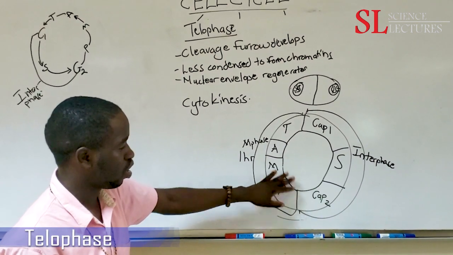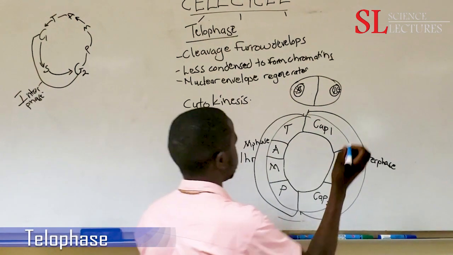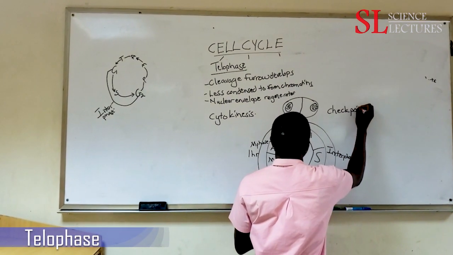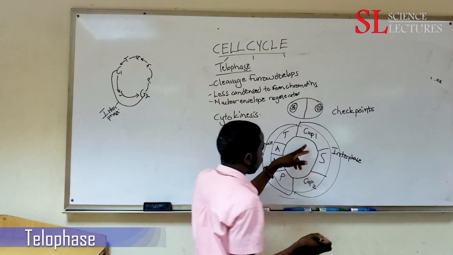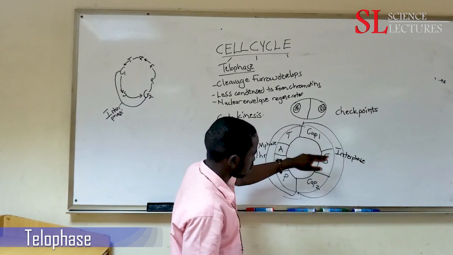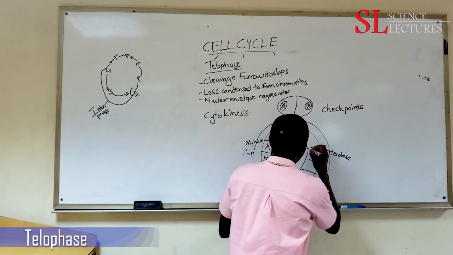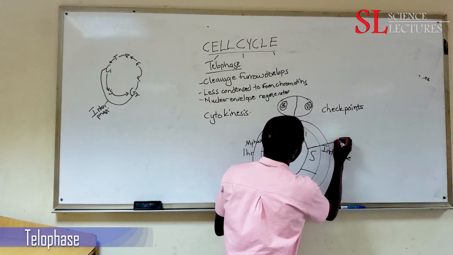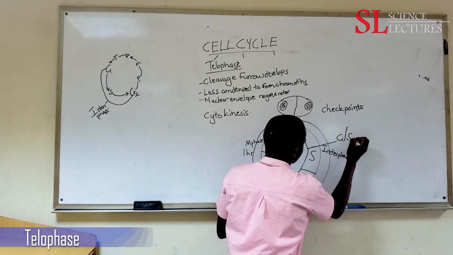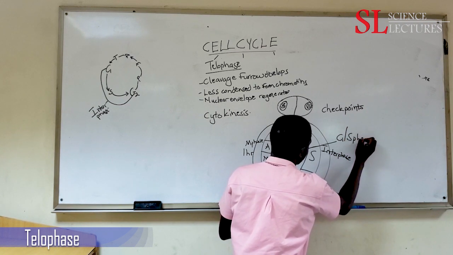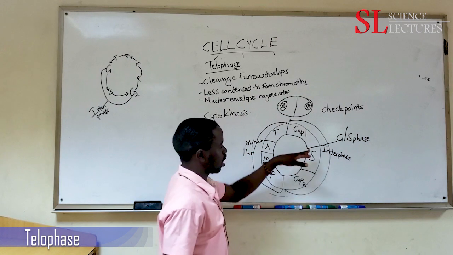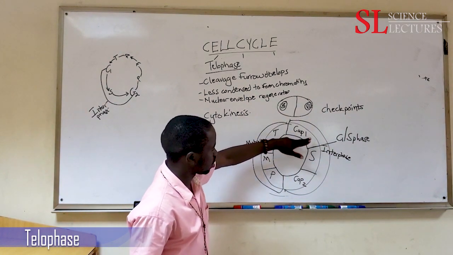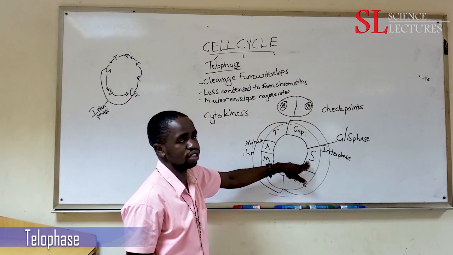And in the cell cycle, we have various checkpoints. So the first checkpoint is from the gap 1 to S phase. From here to here. This is what you call the G1 to S phase checkpoint. There are certain conditions that have to be fulfilled for the cell to cross from the gap 1 to the S phase.